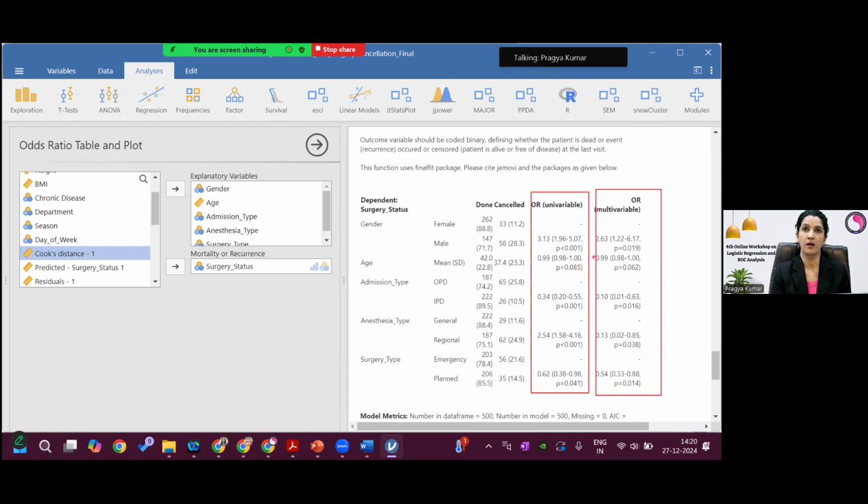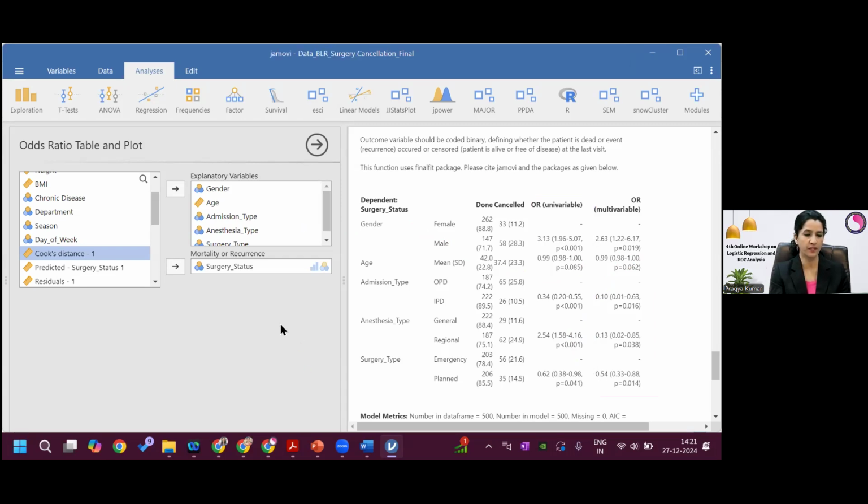And in the adjusted one, there will be a dash for that particular model, because in adjusted you will not take that. Generally what we have seen is that you take the chronic disease also. The other one was BMI. So I have included BMI and chronic diseases also.